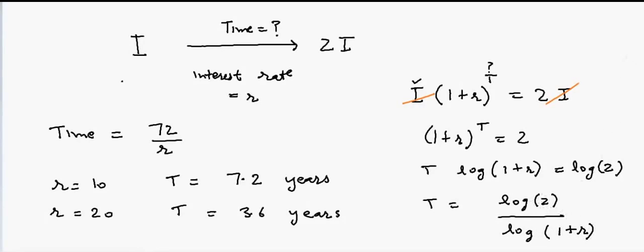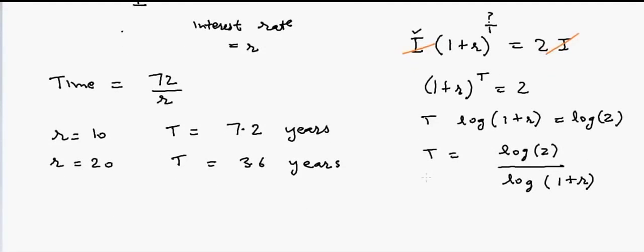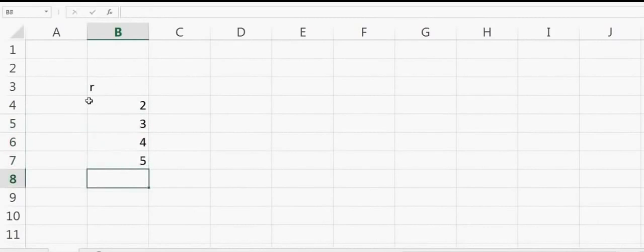Now if I go to Excel and try to solve this equation, let me go to Excel. Suppose we have R, and we start with 2, 3, 4, 5. This is the rate of interest.